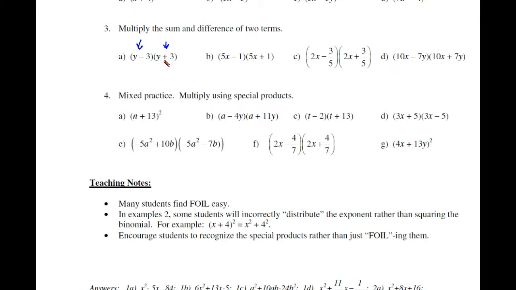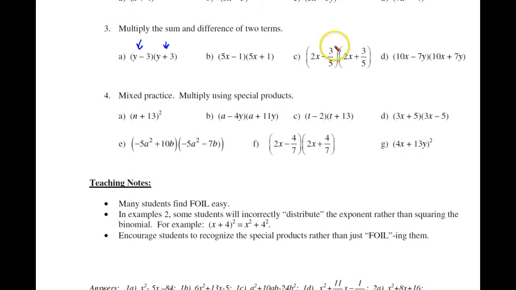One is the sum, one is the difference. Sum, difference, sum, difference, sum, difference. When I write it, I usually write the sum first. Here they're doing it the other way. Perfectly okay.